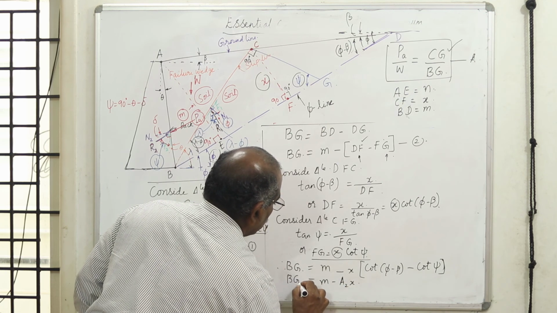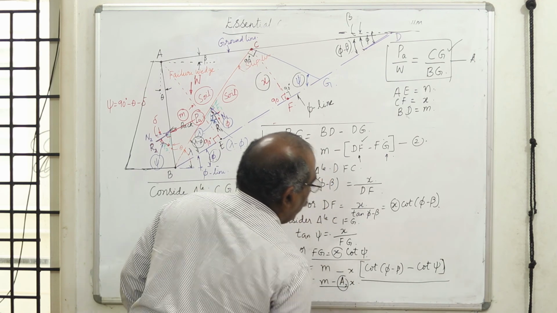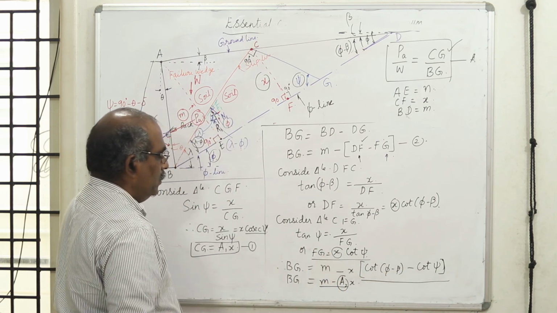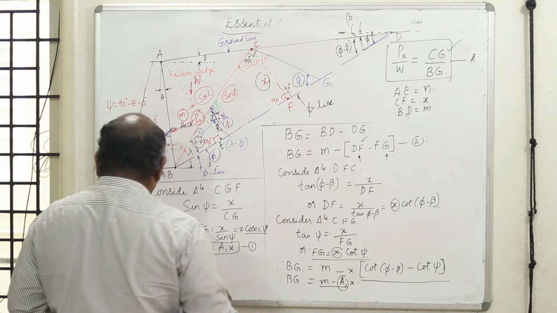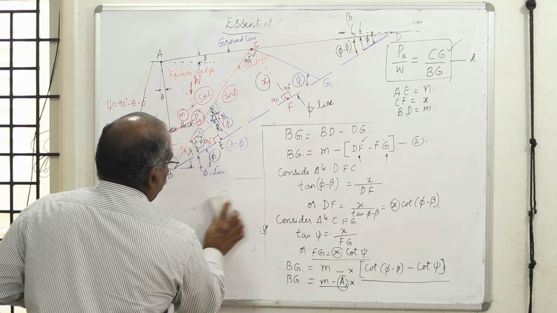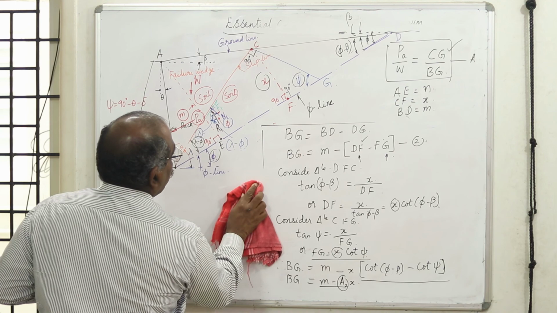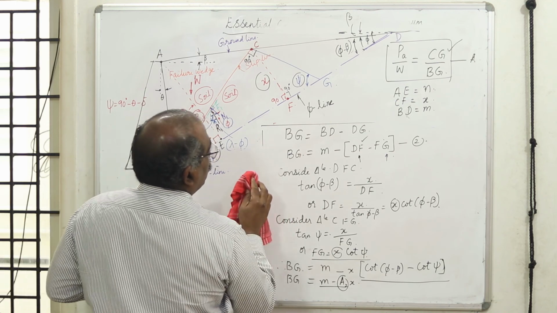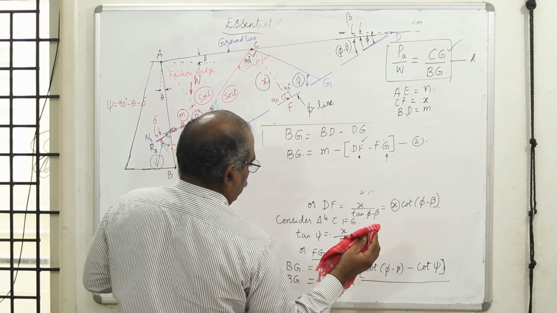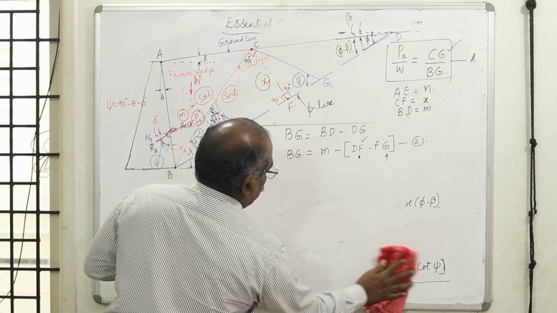BG is equal to M minus a2 x, where a2 is equal to this quantity cot of phi minus beta minus cot psi. Now we have simplified all these things. Now let us go to the next step. Therefore, what happens to BG? Let us substitute here. We have already done, no? BG as a2 x.